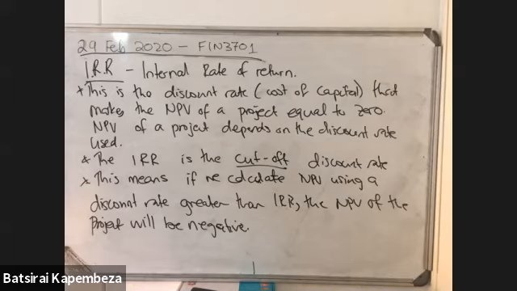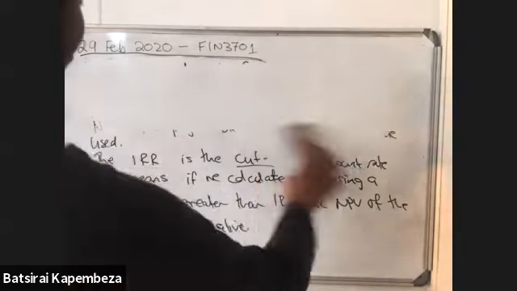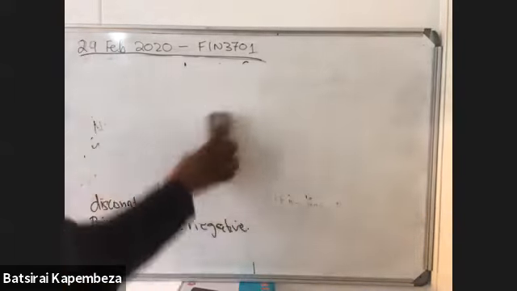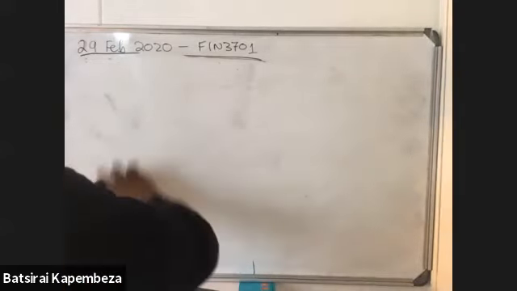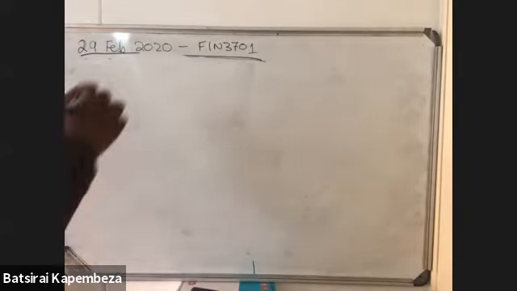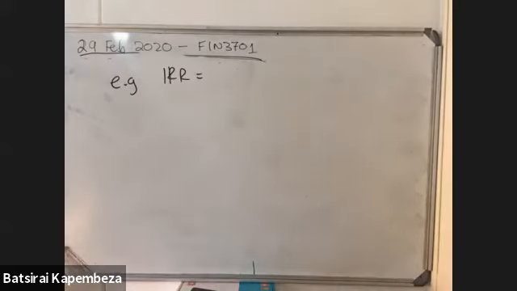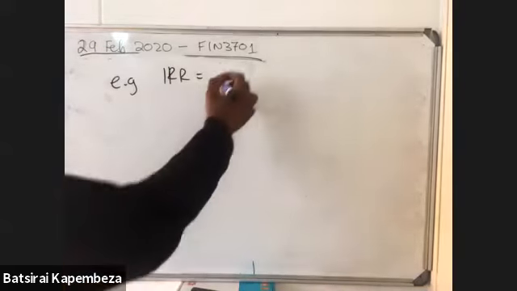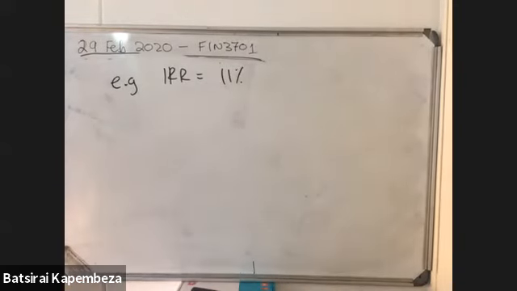Let me give you an example of how this might apply in real life or in an exam question. You might have a company, and the company might look at a project. After looking at the project, the company might calculate the internal rate of return of the project to be 11%, right?